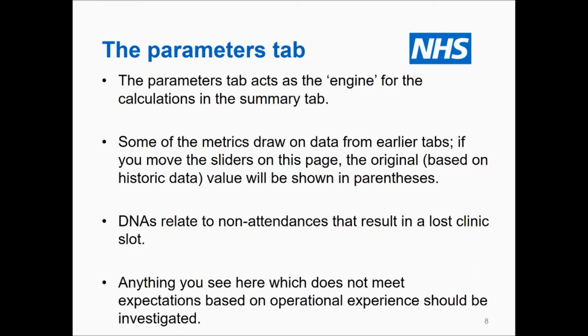Points to note. There are a number of metrics displayed on this page. Some of these draw on data entered in previous tabs. If this is so, then moving the sliders anywhere from the extreme right will result in historic values being shown in parentheses alongside the new value. We would recommend you record the rationale for using alternative values if doing so. Sliders on the right side of the tab do not draw from historic data.